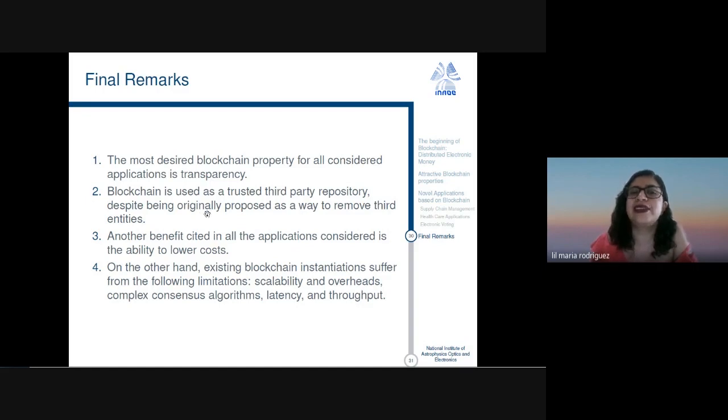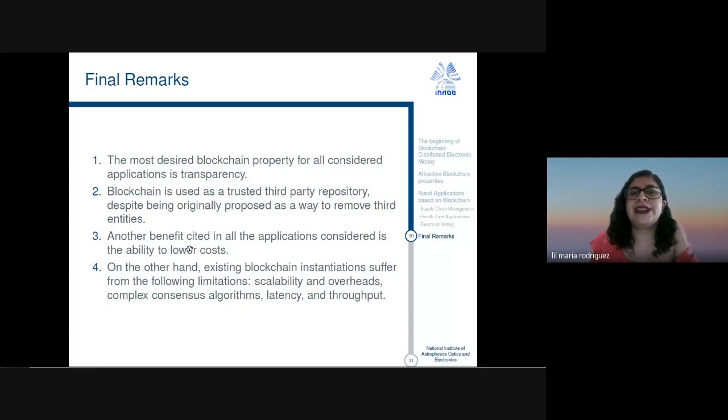That's very curious, because what we want now is to use this blockchain as something that everybody can see, but still it is a third party, right?